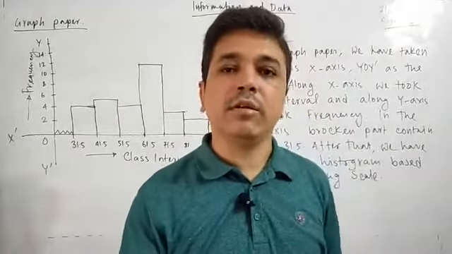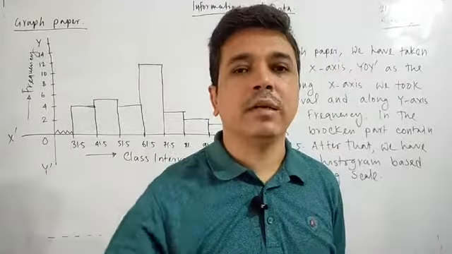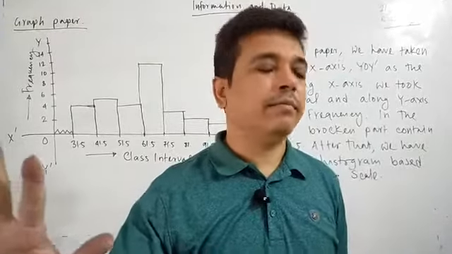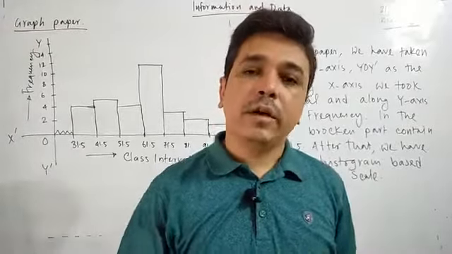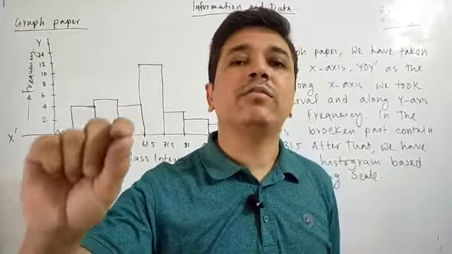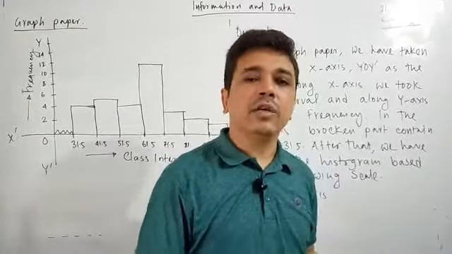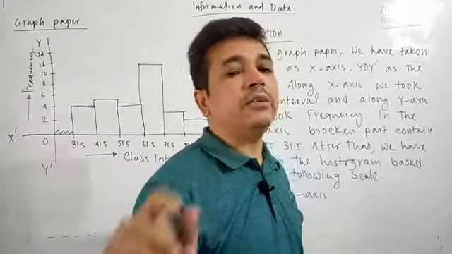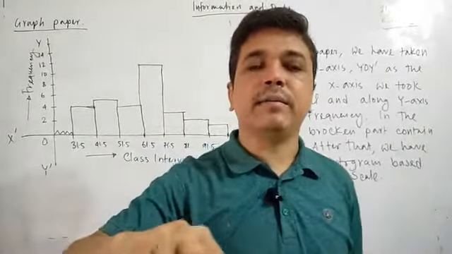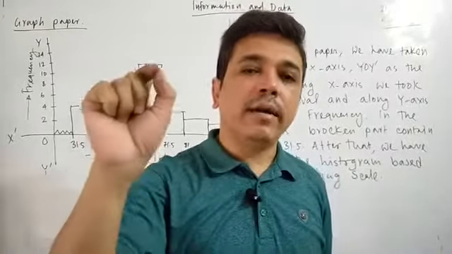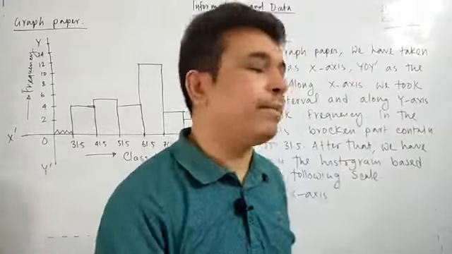So you have to buy a piece of graph paper yourself. I think it will cost 2 to 5 taka maximum. Within 10 taka you will get 2 or 3 pieces of paper. So you have to buy inch graph paper, not centimeter. Clearly I am telling you again and again. You will find these two types of graph paper in the stationery shop: one is inch graph paper and the second one is centimeter graph paper. So you have to buy inch graph paper.